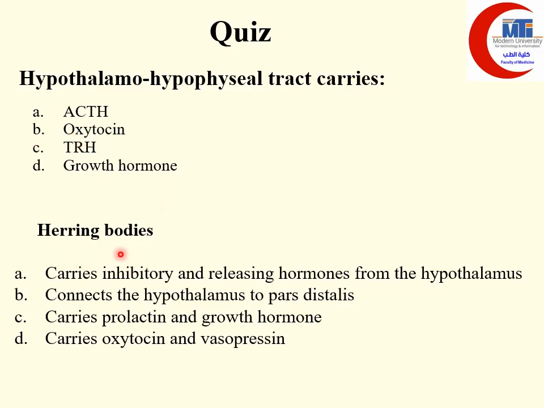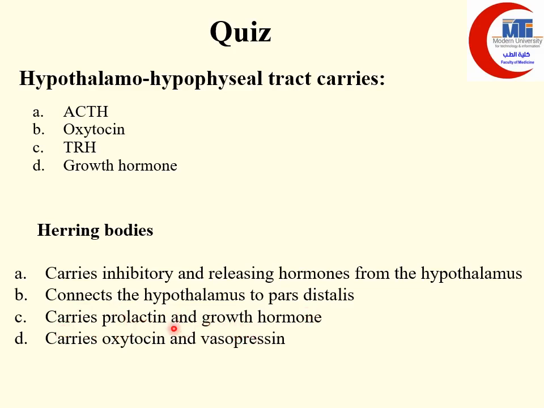And Herring bodies, which are present in pars nervosa. Do these Herring bodies carry inhibitory and releasing hormones from the hypothalamus? No, these hormones are carried to the pars distalis, not pars nervosa, connecting the hypothalamus to pars distalis. Do they carry prolactin and growth hormone?